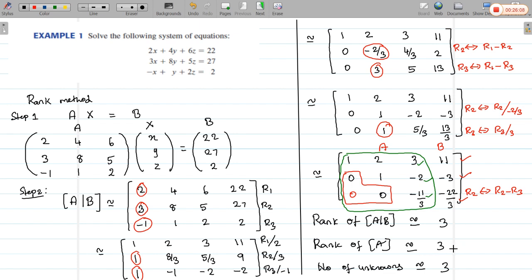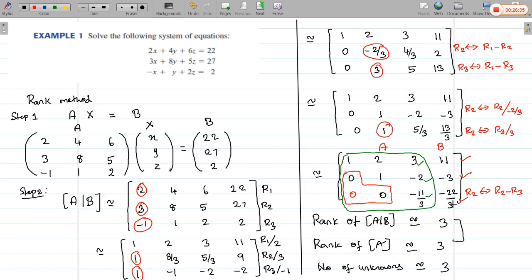Now with this rank, we are going to write down the nature of the given equations. How to write the nature? If the rank of AB and the rank of A are equal, what it says is there is a solution. If they are not equal, then you can write there is no solution for the given system. Do you understand?